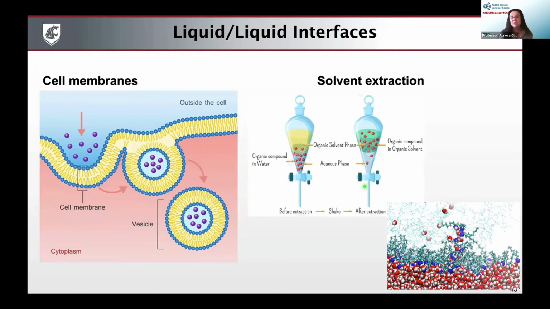In solvent extraction, you have two immiscible solvents and a complex mixture of solutes in the aqueous phase. In the organic phase, you have a molecule that will preferentially bind to the solutes that come up to the interface. When they bind, the nature of the hydrophobicity changes, and the free energy of solvation changes, so the molecules go from being preferred in the aqueous phase to preferred in the organic phase, and they migrate into the organic phase.